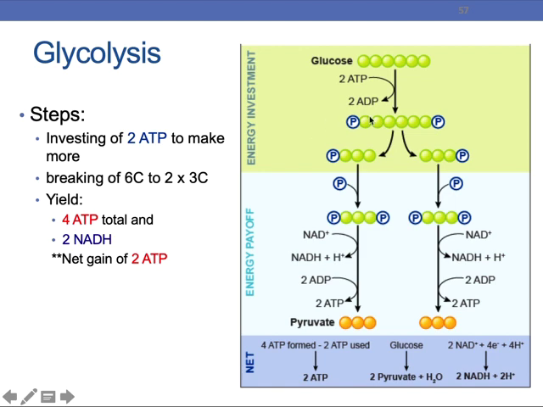In a more broader sense, glycolysis involves these steps. So you have a 6-carbon molecule that is phosphorylated, and in the process of phosphorylation, ATP is used to form fructose diphosphates. This 6-carbon molecule is then broken down into 2 3-carbon molecules called glyceraldehyde 3-phosphates.